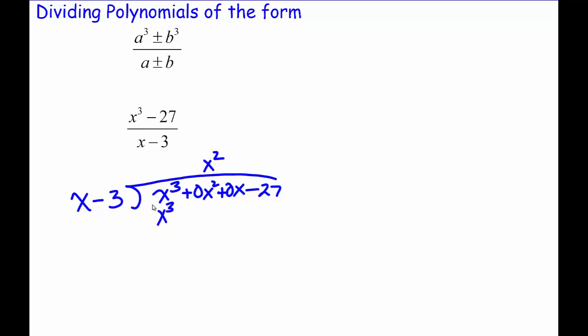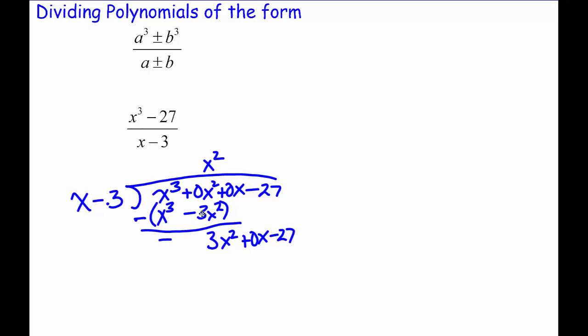And then x squared times negative 3 is minus 3x squared. And then we, of course, subtract this. x cubed minus x cubed goes away, and that leaves us with 3x squared. And then we bring down the next couple of components, just like you would normally do in any long division problem.